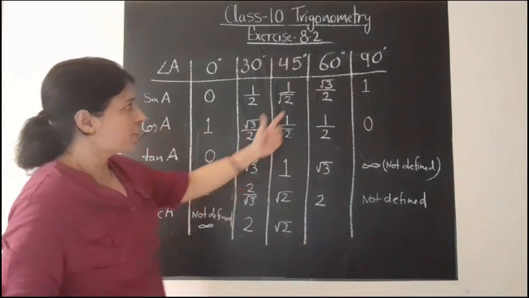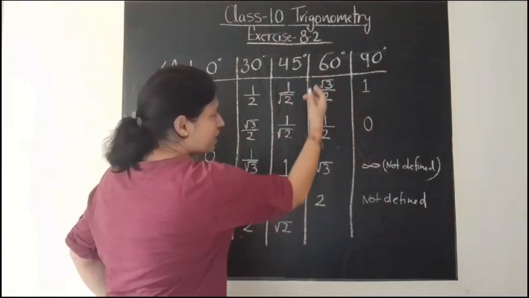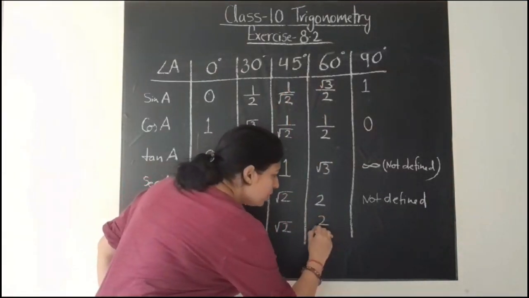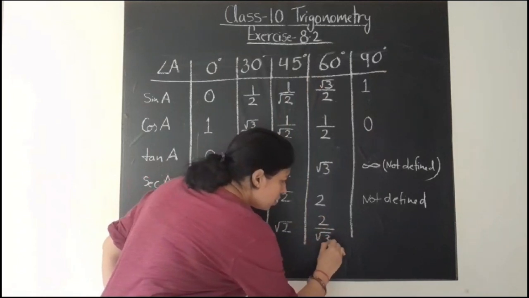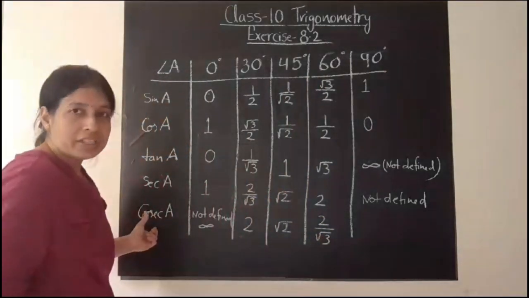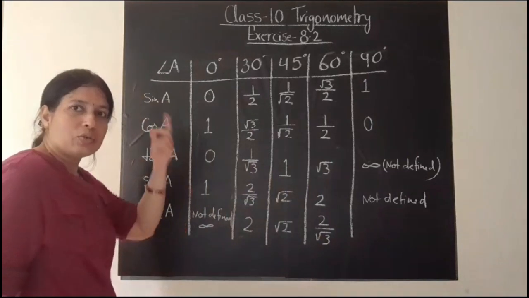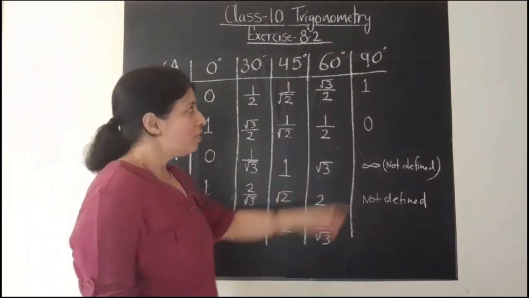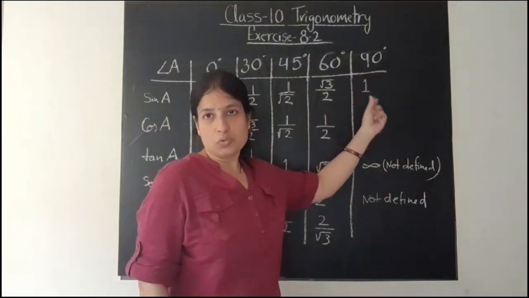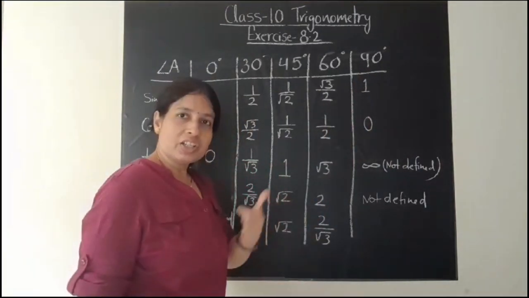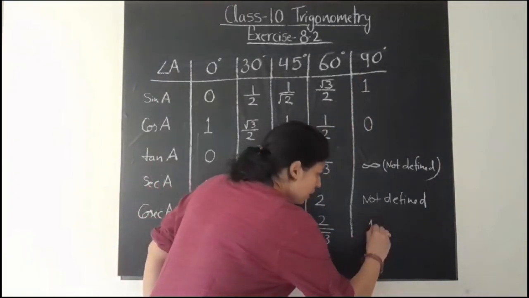Then cosec 60 degree is equal to 1 by sin 60. So this will be 2 by root 3. After that cosec 90 is equal to 1 by sin 90 and we know that sin 90 is equal to 1. So 1 by 1 is equal to 1.